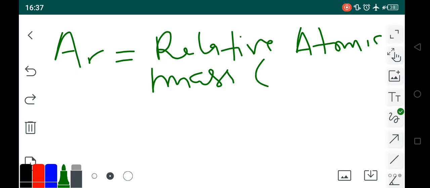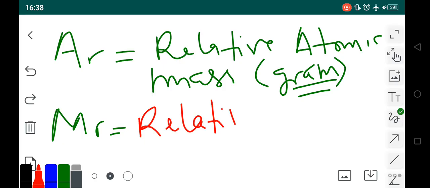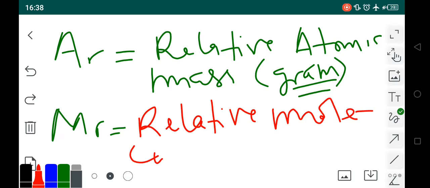This mass is always in grams, and for Mr we are looking at relative molecular mass. We need to be able to differentiate the correct thing.